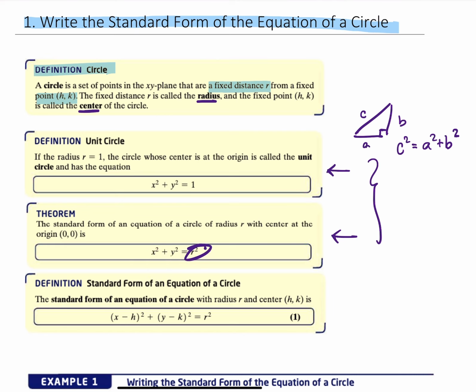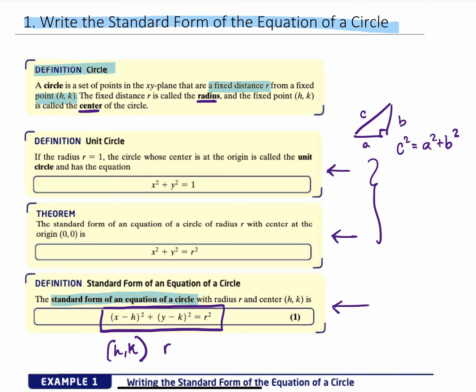That's a Pythagorean form. And then the most general we can get to is what we're calling the standard form of an equation of a circle, where now we can choose any center point. The center is the point h comma k, and the radius is r.